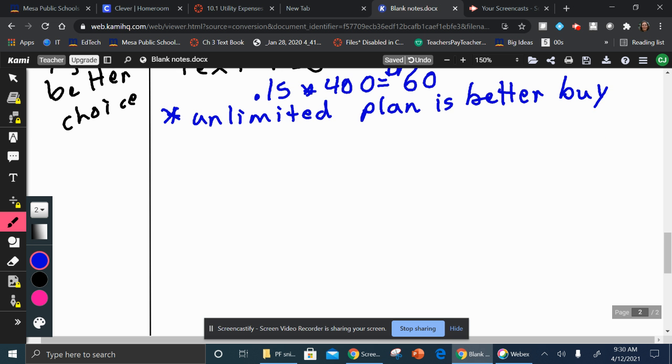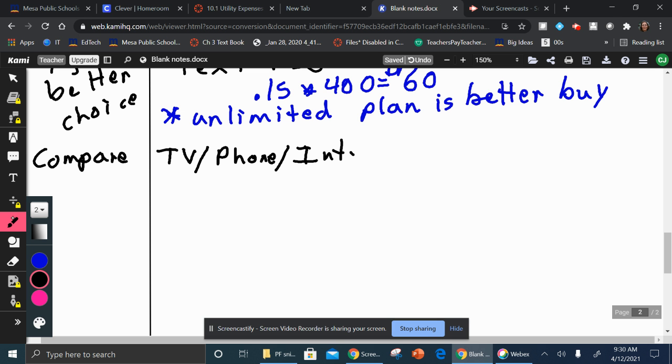Okay, so let's look at everybody. What if you needed to compare plans? So we had TV and phone and internet, so you're bundling those all together, at $95 a month for the first year.